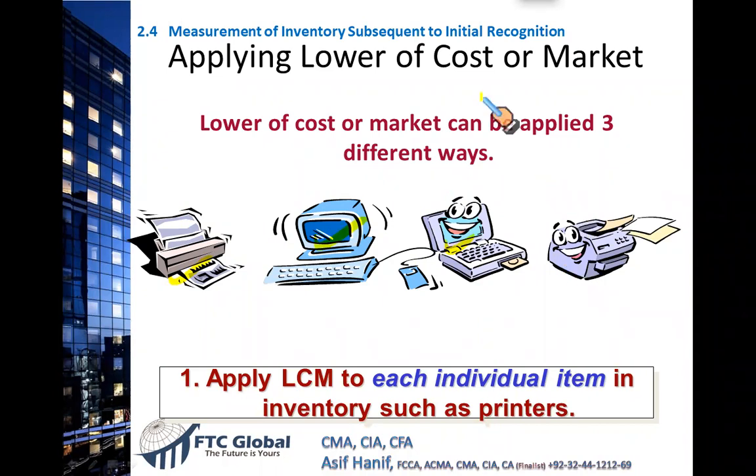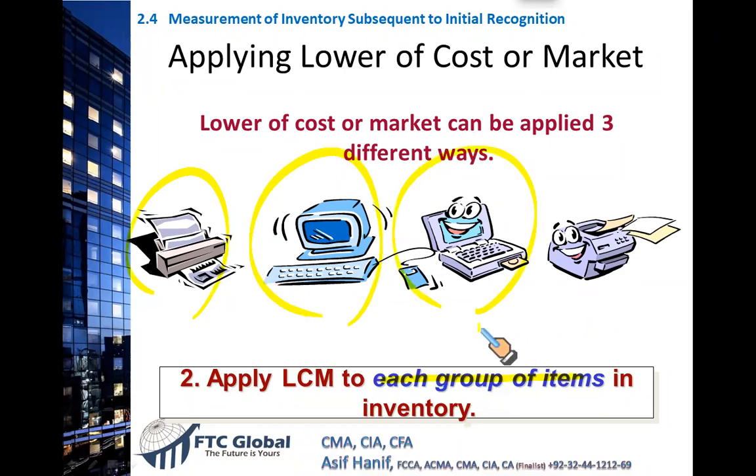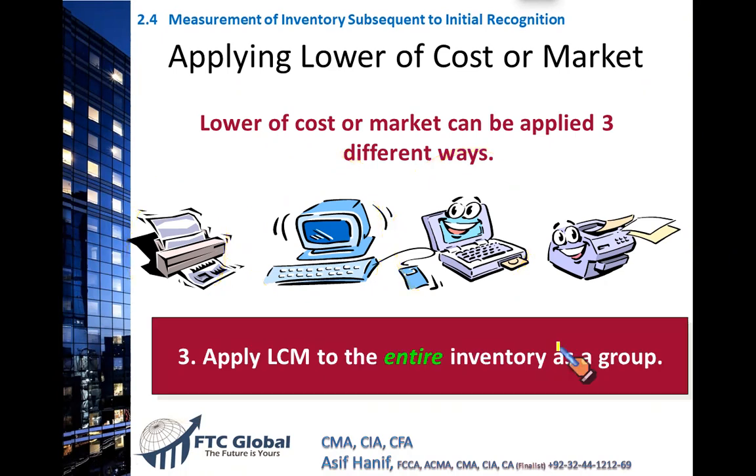Or you can apply it on each group of items, meaning all the furniture, all the computer equipment, all the vehicles in your inventory. I'm not talking about your long-lived assets, but the items that you sell, that you trade in, because inventory means the items that you trade in. So you can apply this LCM or NRV rule on a single item, on a group of items, or in the third case, on your entire inventory. It's totally your choice. IFRS and US GAAP have no concern with it. One by one, or on the entire inventory, all methods are perfectly fine.